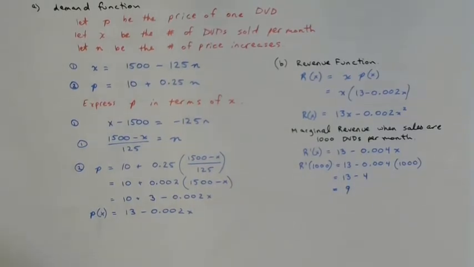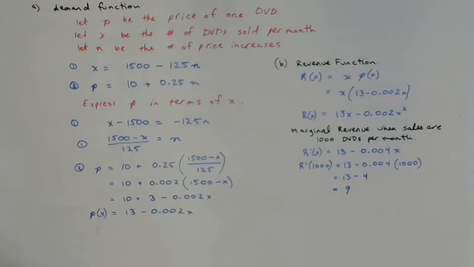What does that tell us? It tells us that when sales are at 1,000 DVDs per month, the revenue is increasing at a rate of $9 per additional DVD.